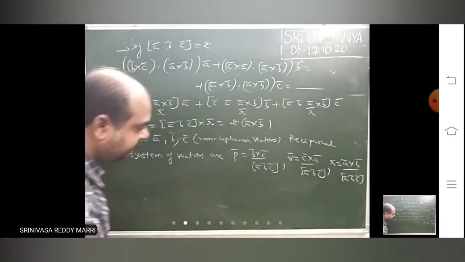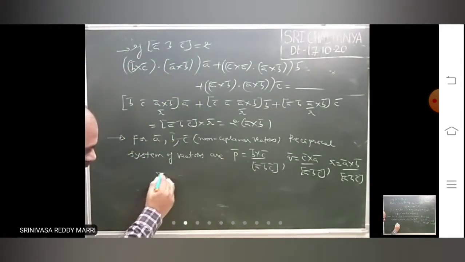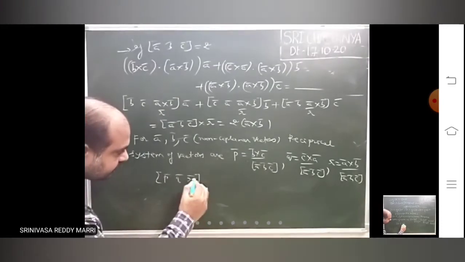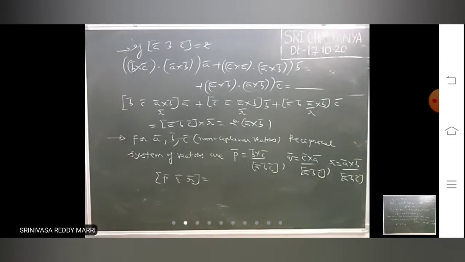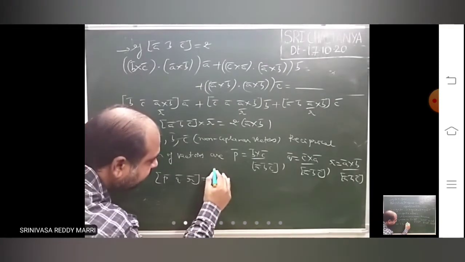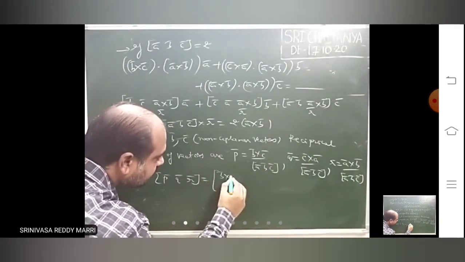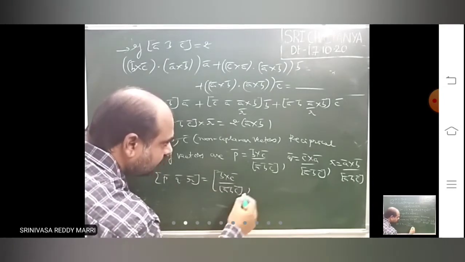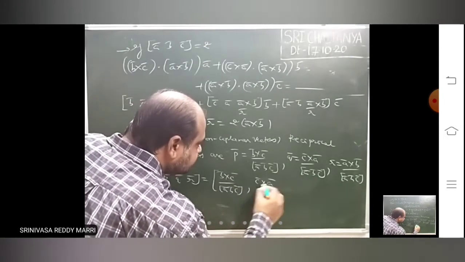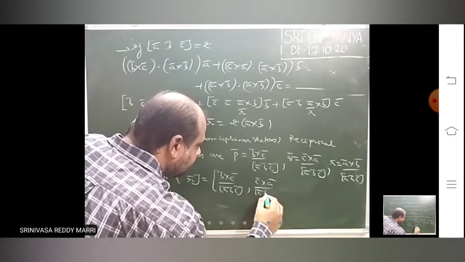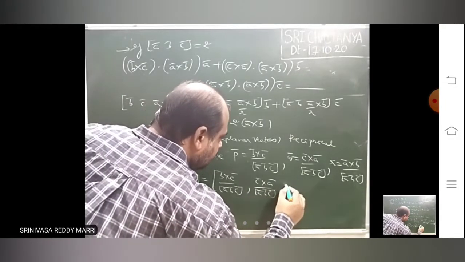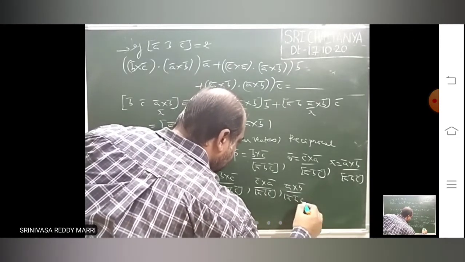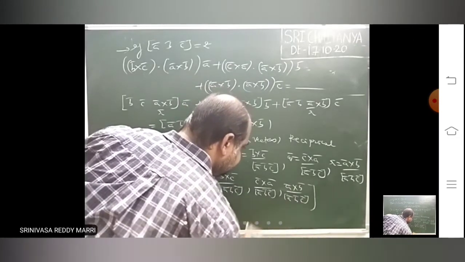Why it is called reciprocal system: suppose you are finding their scalar triple product, suppose box of that I am finding. Look at this.